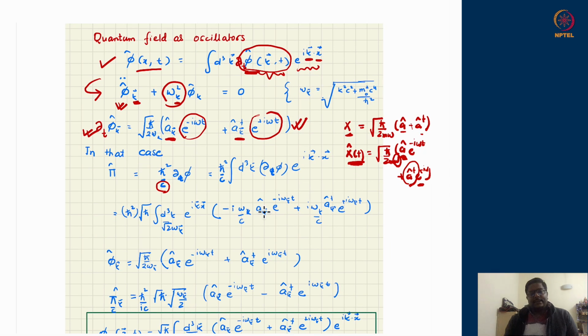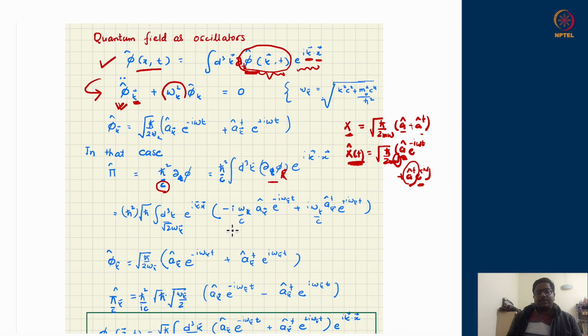So do it. Take the derivative of phi k, which we have written over here like this. Let me clean it up so that we can visualize very clearly. What we have to do is multiply h square by c with the time derivative of phi. The time derivative of phi involves the time derivative of phi k, and phi k itself is known in terms of exponential i omega t and exponential minus i omega t.